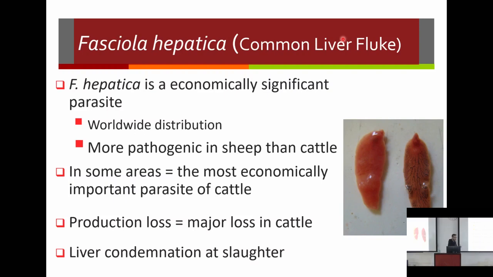It is very important and responsible for production losses, and also one of the biggest causes of liver condemnation at the slaughterhouse. Livers will be rejected in slaughterhouses if they see liver fluke infection in the liver. So that is one of the production losses.